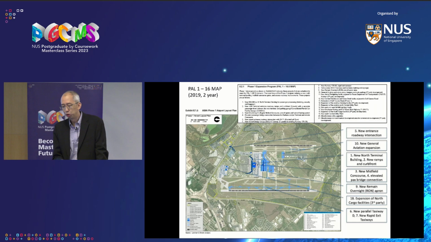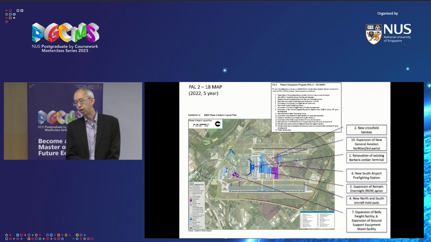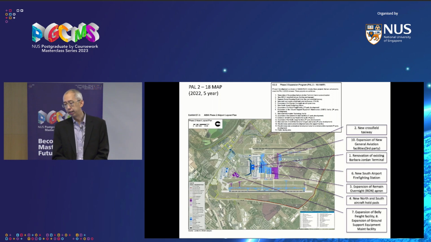So all the blue is going to get built, a new parallel taxiway, a new terminal, a new concourse, new roads, etc. And then at the 5-year mark, this is the purple phase. I think right now they're probably going to build the blue and the purple simultaneously. So the purple, you start seeing the cross taxiway and the expansion of the remain overnight apron.